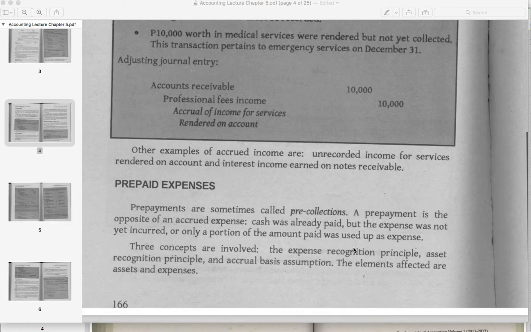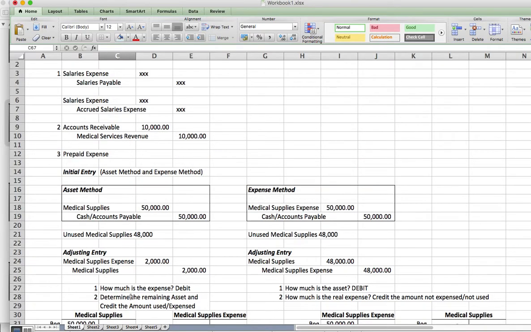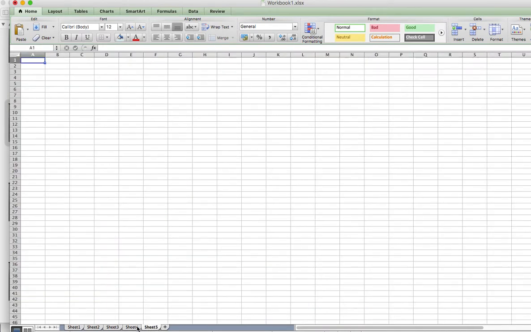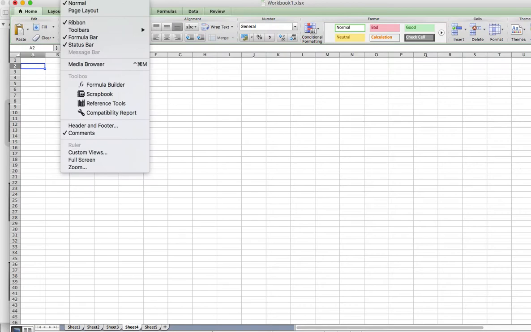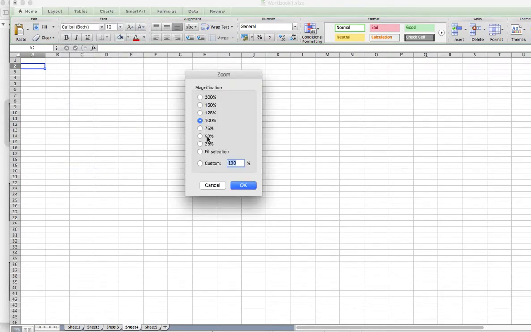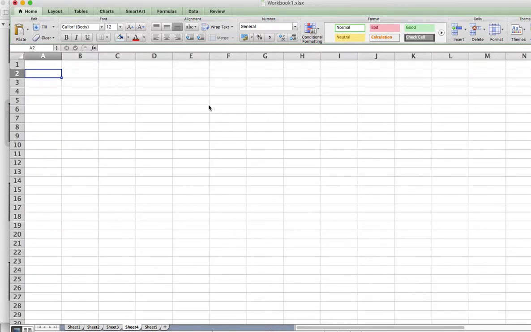So what are the three concepts involved here? Gawa lang tayo na discussion. Okay, so we have prepaid expenses. Okay, what are the principles involved?